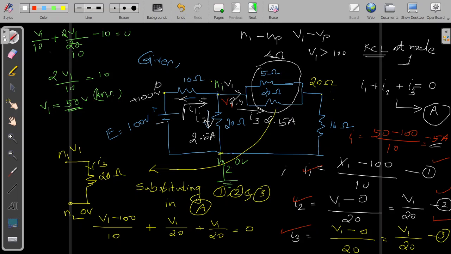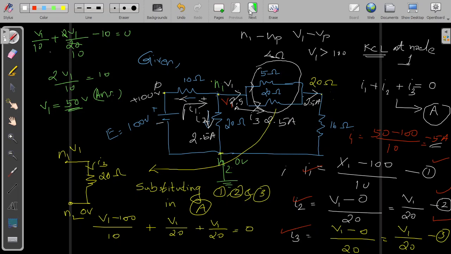This 2.5 ampere will divide and go to the 5 ohm and 20 ohm resistances, and then join together again, and 2.5 ampere will go into the 16 ohm resistance. So 2.5 ampere is the total current, and I have to find the current through the 5 ohm resistor.